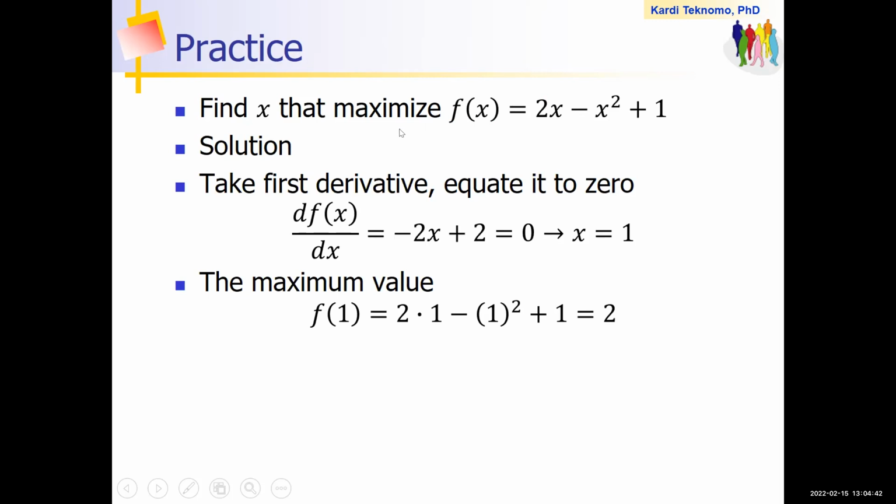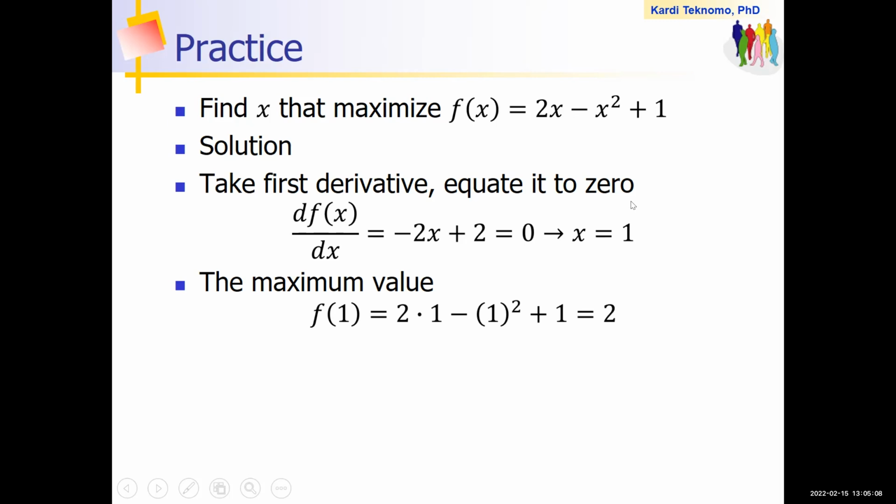So, say you want to maximize this function. Then you take the first derivative, equate it to 0, and you get the x, and then you put it into the function itself to get the value. To check whether this is maximized, you take the second derivative, right?